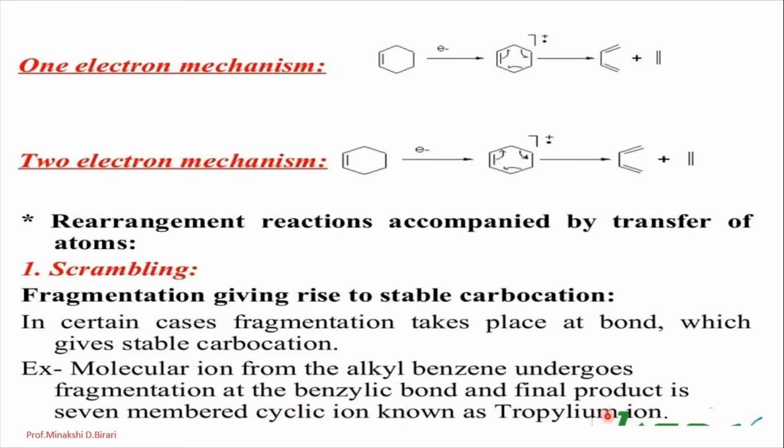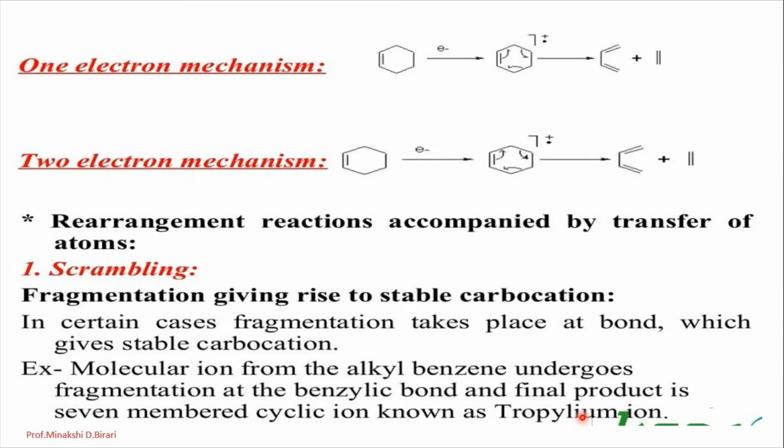So first of all, a cation forms, and again further by the transfer of an atom that leads to the formation of a new carbocation, a 7-membered cyclic ion, the tropylium ion, which is more stable.